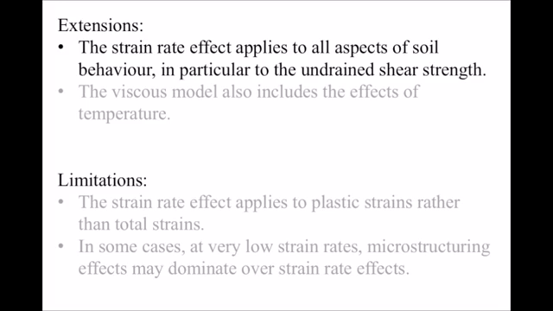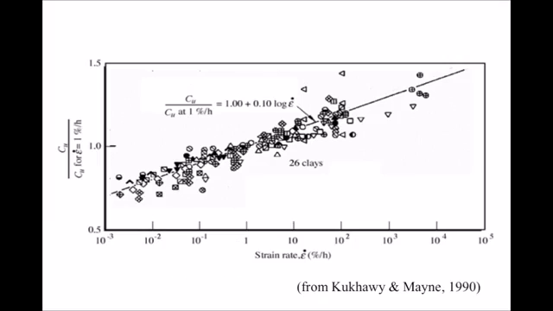And this has been shown by Kulhawy and Mayne, who show a normalized undrained shear strength versus log of strain rate. They conclude that the undrained shear strength varies typically by 10% per log cycle. Remember, 10% is also the change in pre-consolidation pressure per log cycle. So we get the same number.